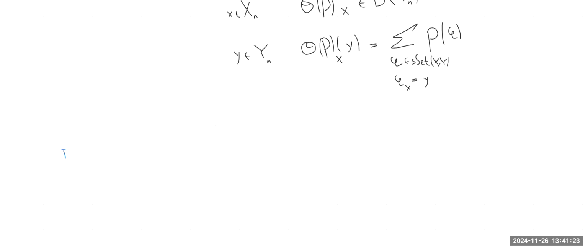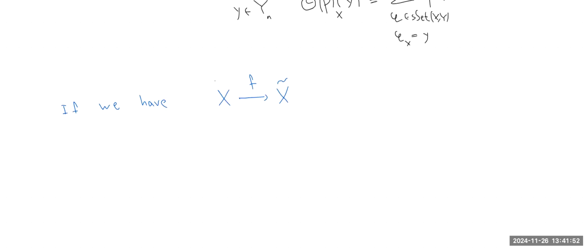If we have, let's say by the variable x, a map from x to x tilde, like a map f, then this will induce a map from x tilde to this.